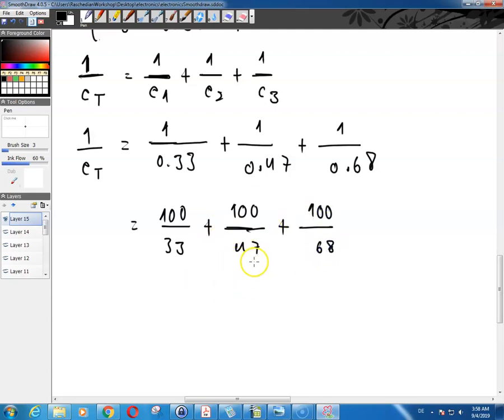And then if you take the LCM of these numbers, I will do it using a calculator: 100 over 33 plus 100 over 47 plus 100 over 68 is something about 6.63.